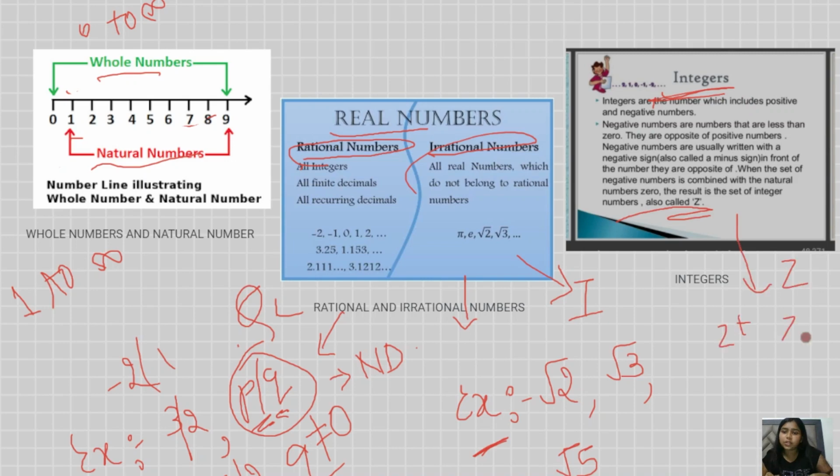Positive integers generally include all the numbers from 0 till infinity. Negative integers include the numbers from minus infinity till 0. Integers consist of all the numbers like minus 4, minus 3, 1, 0. Every such number is known as an integer.